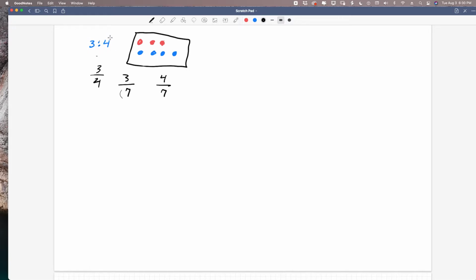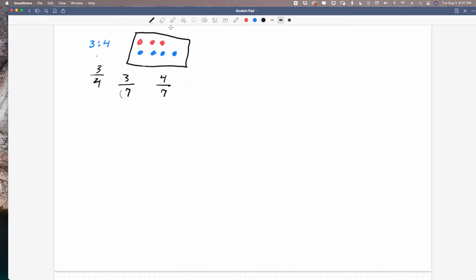So then that gives me a clue that I need to add them together in order to get my denominator for my fractional part of the total that represents. Okay, so for instance, my fractional part of red is 3 out of 7, and my fractional part for blue is 4 out of 7. So that is something you have to really think about when you're doing these.